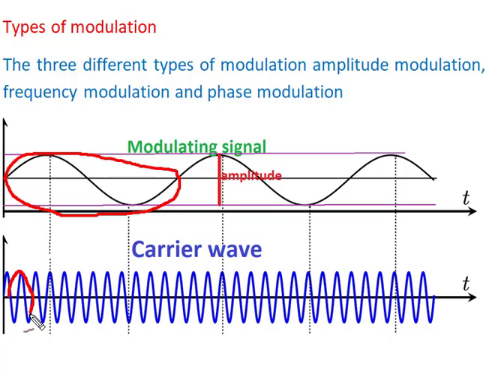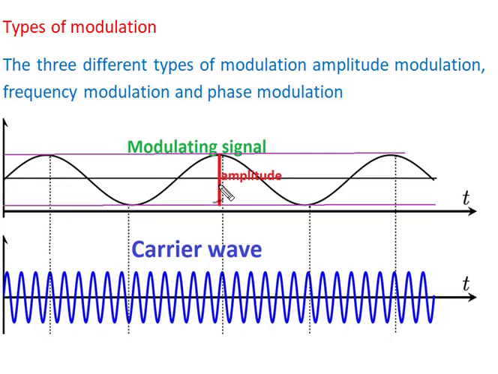See the length of the carrier wave and the length of the modulating signal. The time taken to complete one cycle is the time taken to complete a single wave. So the frequency is very high in the carrier wave, and the frequency is low in the modulating signal.